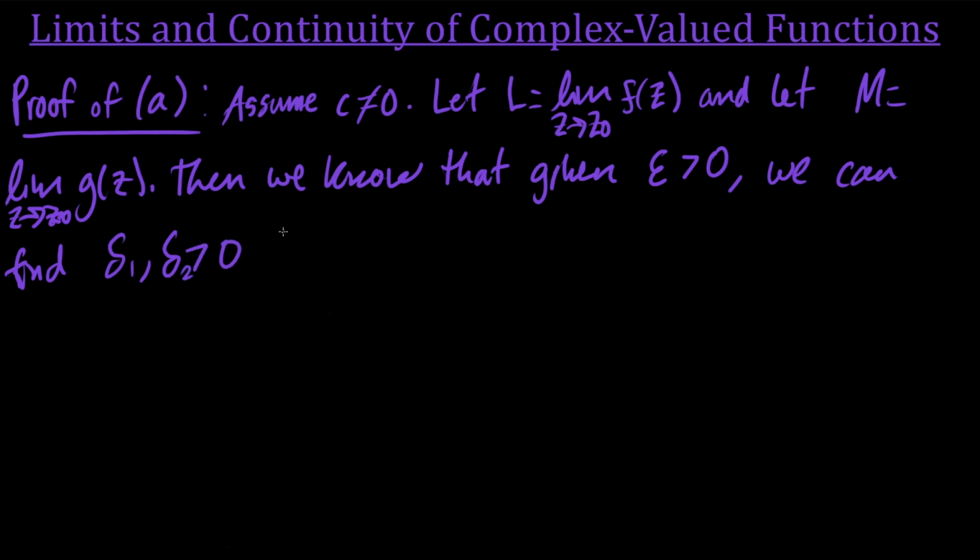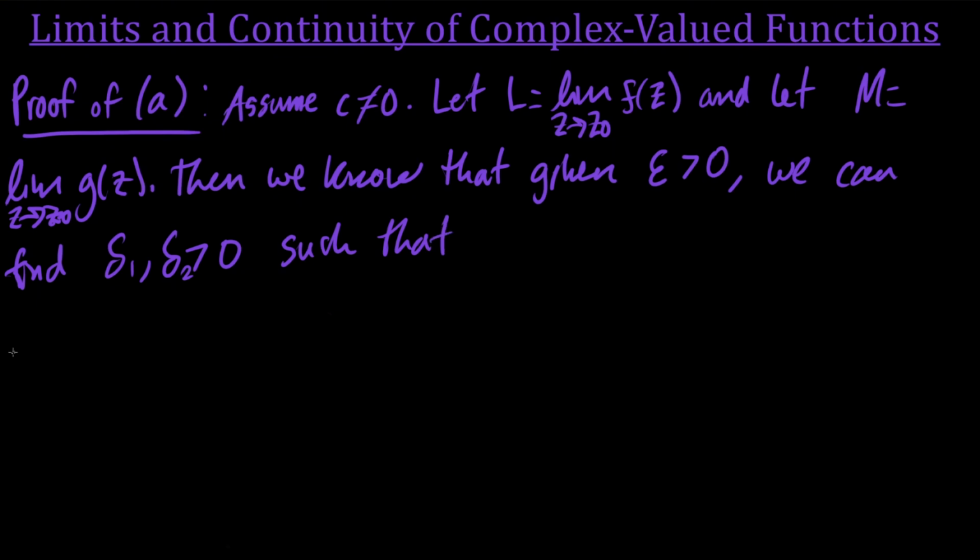And the reason why we have delta 1 and delta 2 here is because delta 1 is associated with the limit of f of z, and delta 2 is associated with the limit of g of z. These are two different values for two different limits. And so we can find delta 1 and delta 2 greater than 0 such that two conditions hold.